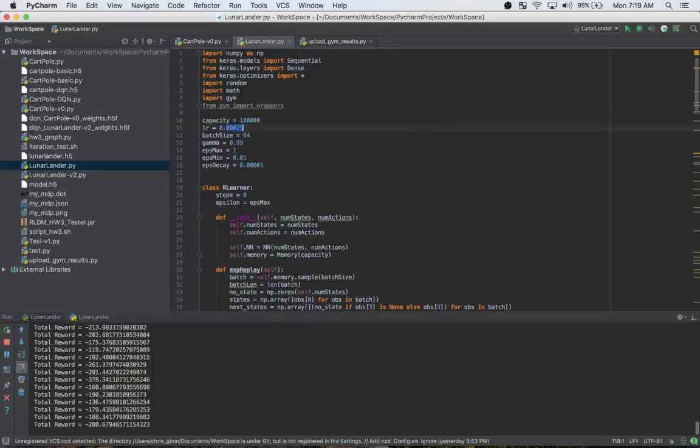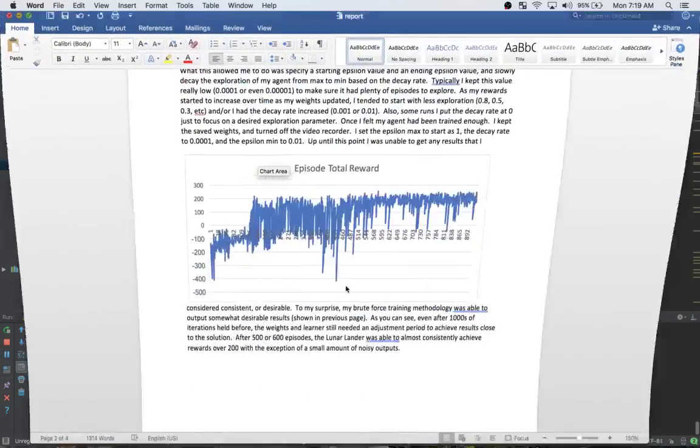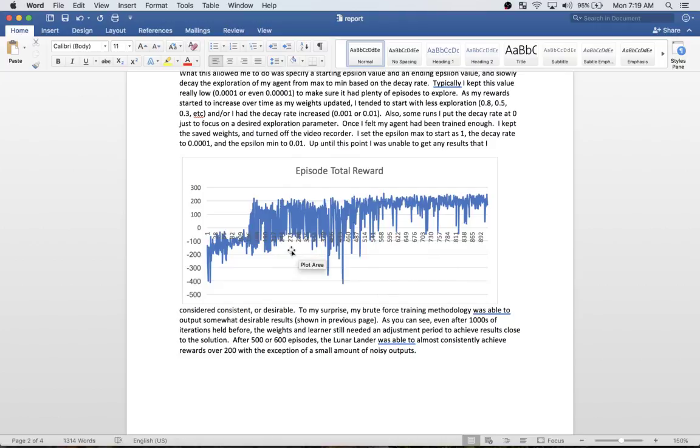In my results, even this right here is after 8 or 9 runs of saved results, saved weights for my neural network, and even then it wasn't perfect, but after using that really low epsilon decay rate, I was able to get suitable total rewards, and I was happy with that.